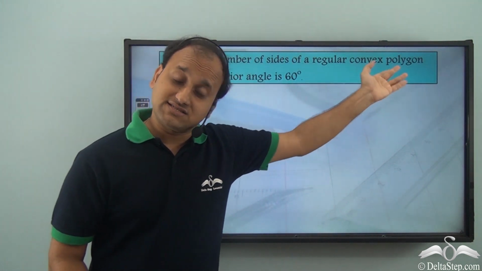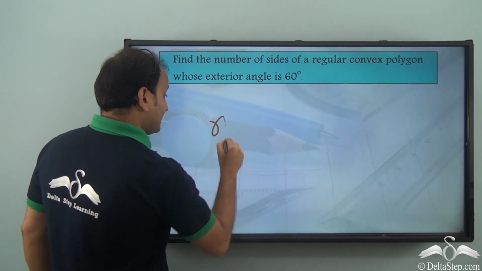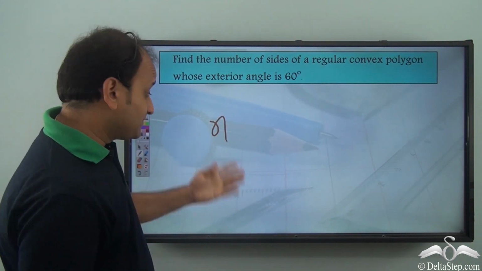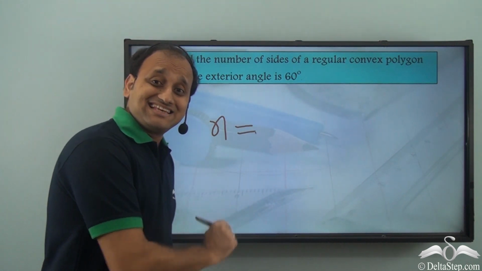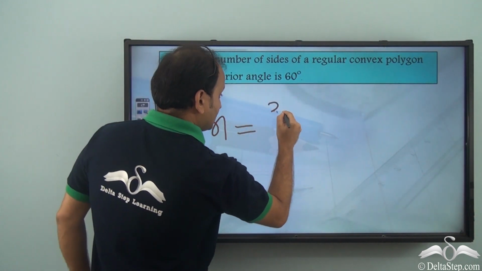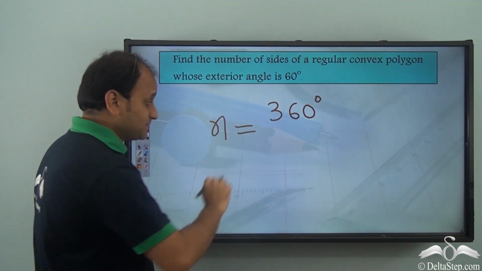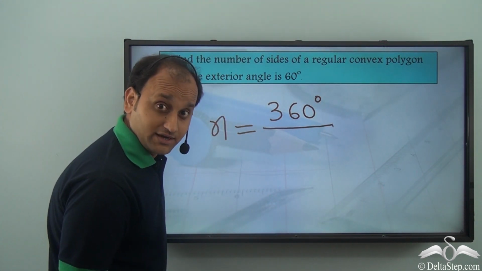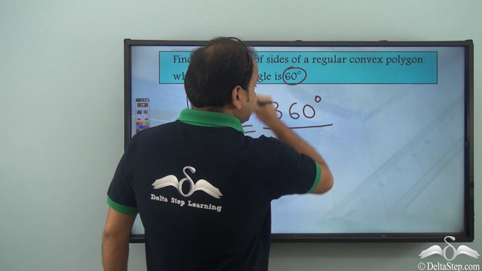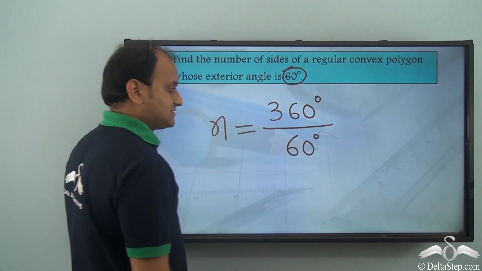If we have n as the number of sides, then what is its value? Well, it is the sum of all the exterior angles, which is 360 degrees, divided by each exterior angle of a regular convex polygon. Here the value is 60 degrees.